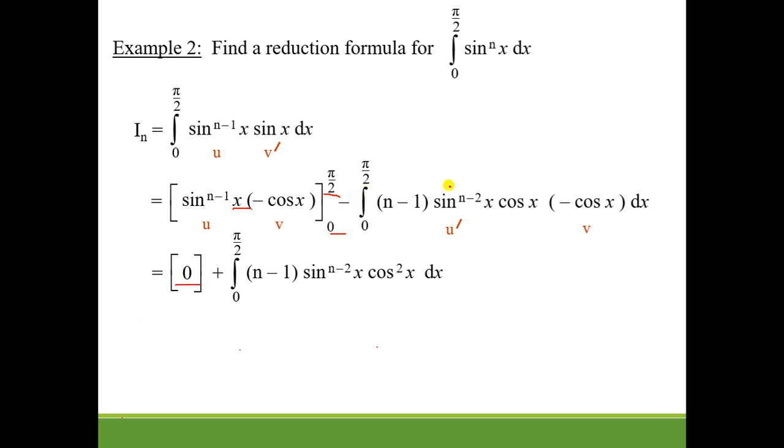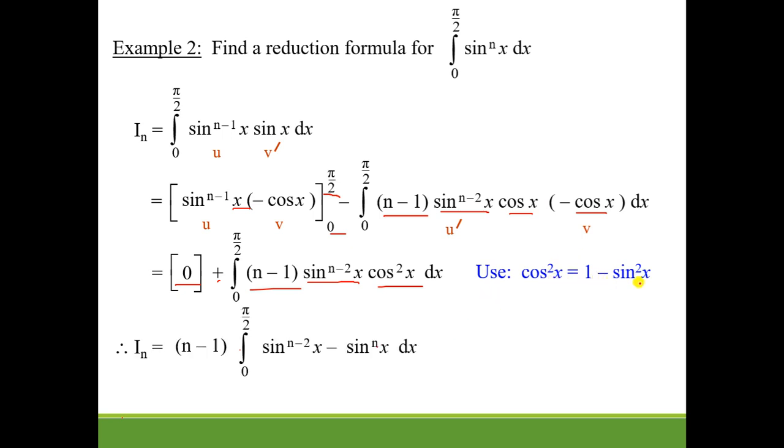Then this minus sign and this minus sign, we will take as plus. Integration 0 to pi by 2. This n minus 1 is a constant, keep as it is. Now see the power of the sin term as it is. Then what is cos x into cos x? That is nothing but cos square x dx. So now use cos square x is nothing but 1 minus sin square x. Use this identity.